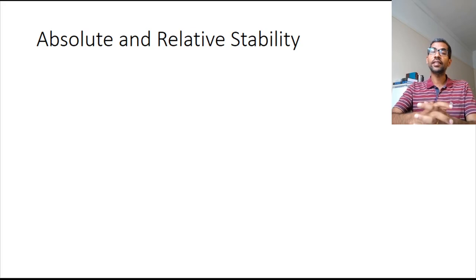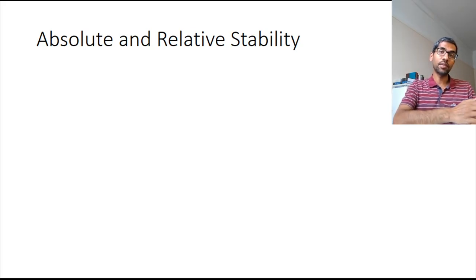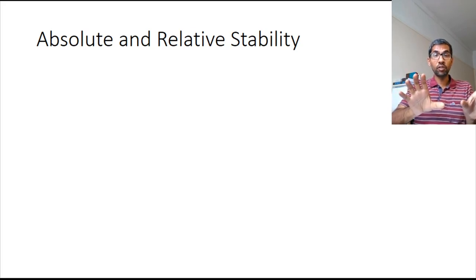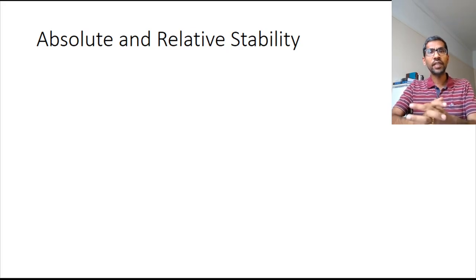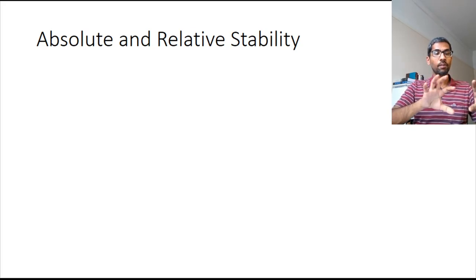Relative stability tells you how stable a system is. So there are two systems which are both stable, but we want to decide which system is more stable. And this will be especially important when you're designing a control system, let's say, and you have a choice between two design parameters. And you're just worried a little bit about stability.